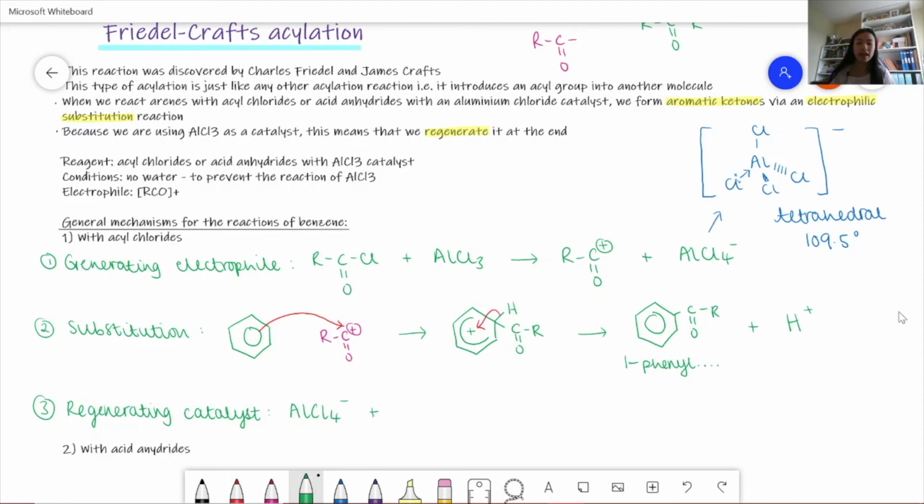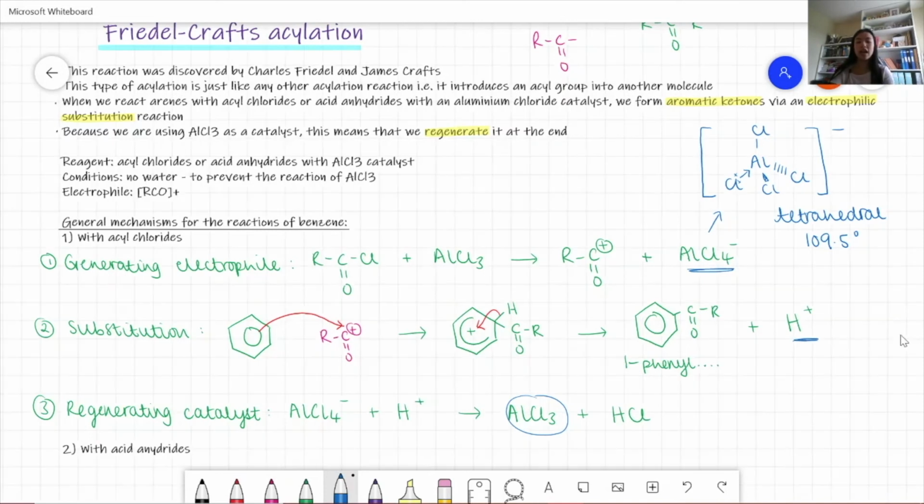And this reacts with the H plus that we've produced from the substitution reaction. And this forms AlCl3. So the AlCl4- loses a chlorine. And then this chlorine then reacts with the H plus to form HCl. And so now we've regenerated this AlCl3 catalyst from reacting AlCl4- with H plus.